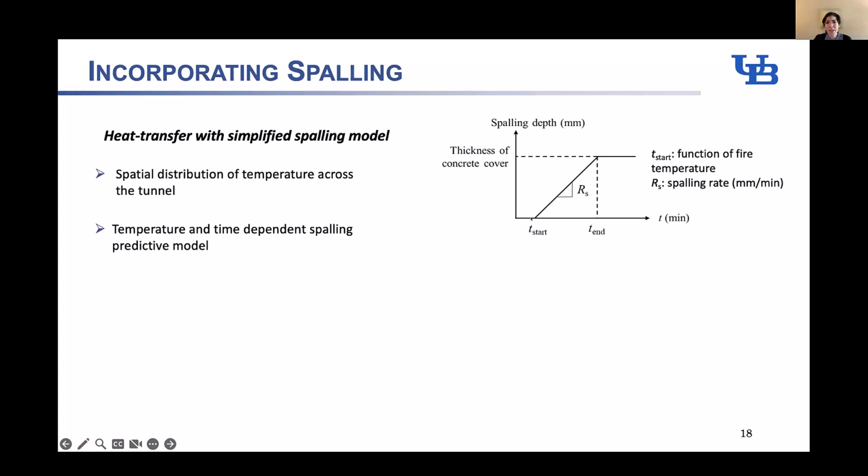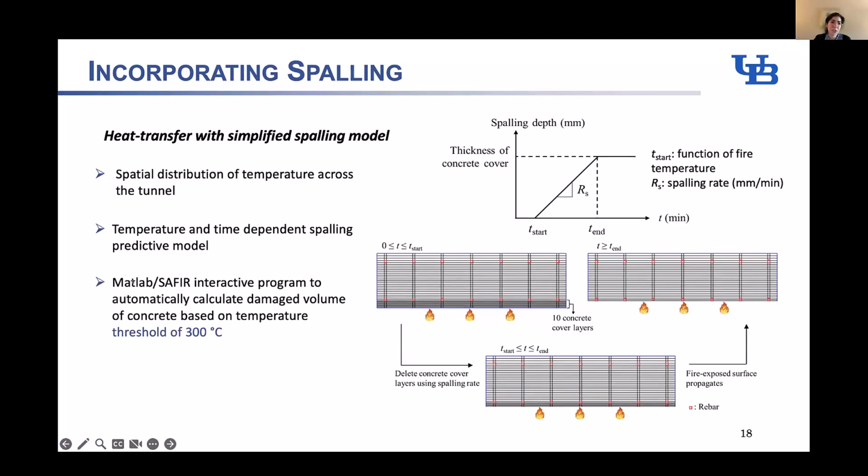At some time the spalling starts, there's a linear rate of spalling, and then when it gets to the cover, for example full cover, it stops. We had a MATLAB-SAFIR interactive program to automatically take care of this. At each time step, once the spalling occurs, a layer of that concrete, so you want a fine mesh, gets removed. This becomes a new section where the fire will be exposed and the heat will penetrate quickly.